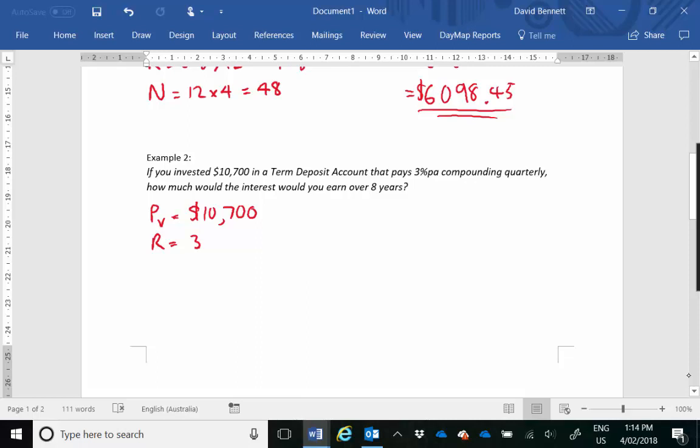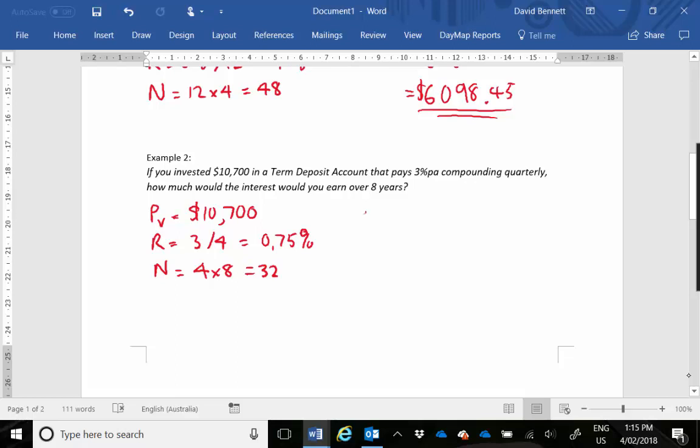So 3 divided by 4 is going to give me 0.75%. That's my interest rate per payment period. The N is equal to the number of payments. I'm doing 4 payments per year for quarterly times 8 years, so that's going to be 32 payments.